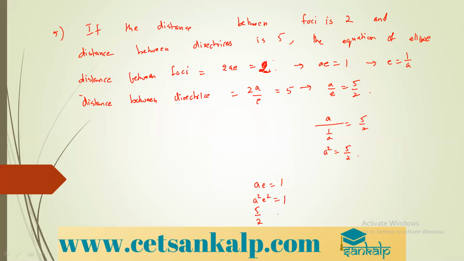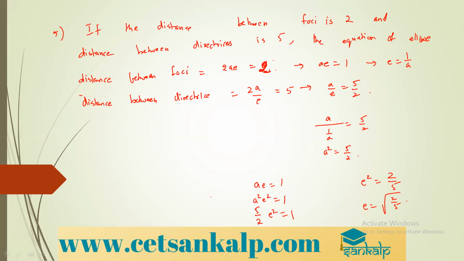A square is 5 by 2. E square is 1, so E square will be 2 by 5, or E will be root of 2 by 5. Isn't it?